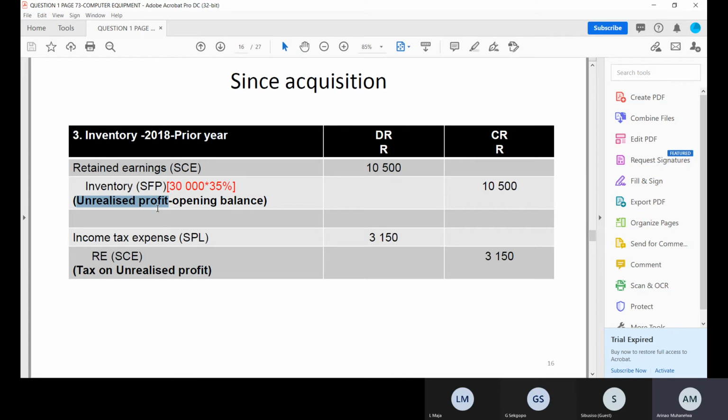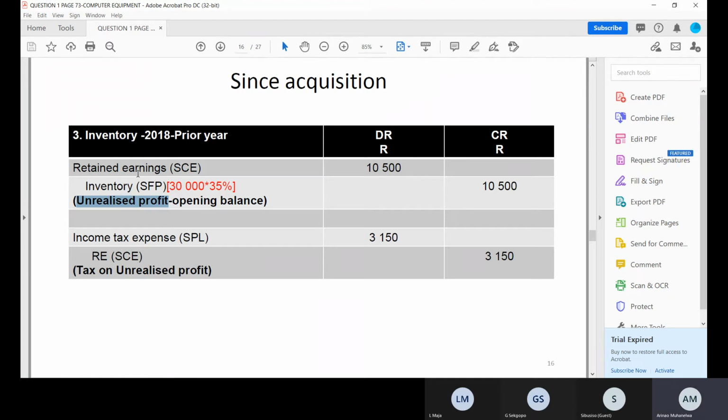You'll agree with me that when we deal with inventory, we deal with inventory and cost of sales, right? But if you look at my journal here, I've debited retained earnings. Remember, each and every line item on the statement of profit and loss, once they close it, goes to retained earnings. So when you're dealing with the prior year, you must use the retained earnings account because everything has already been closed there.